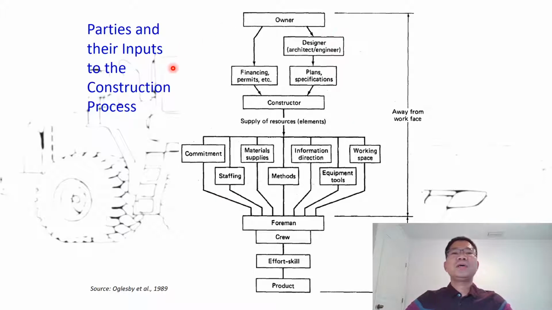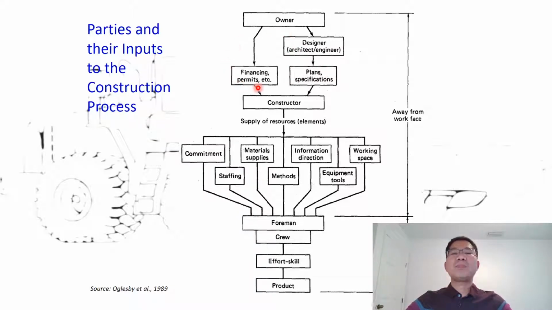You see the parties involved in the construction process, starting with the owner or client, and then we have the designer, architect, and multiple types of engineers: environmental, civil, electrical, and so on. And when the engineer comes up with the design, we have the plan and specification.